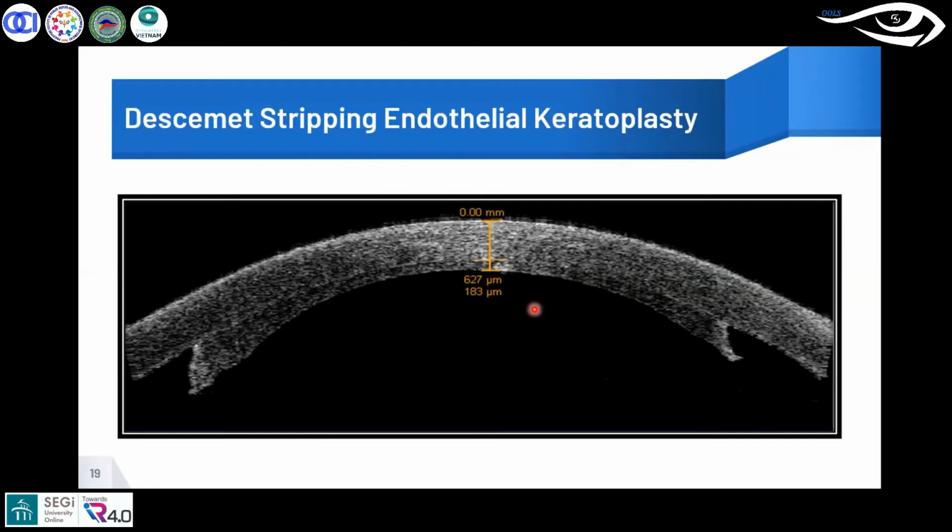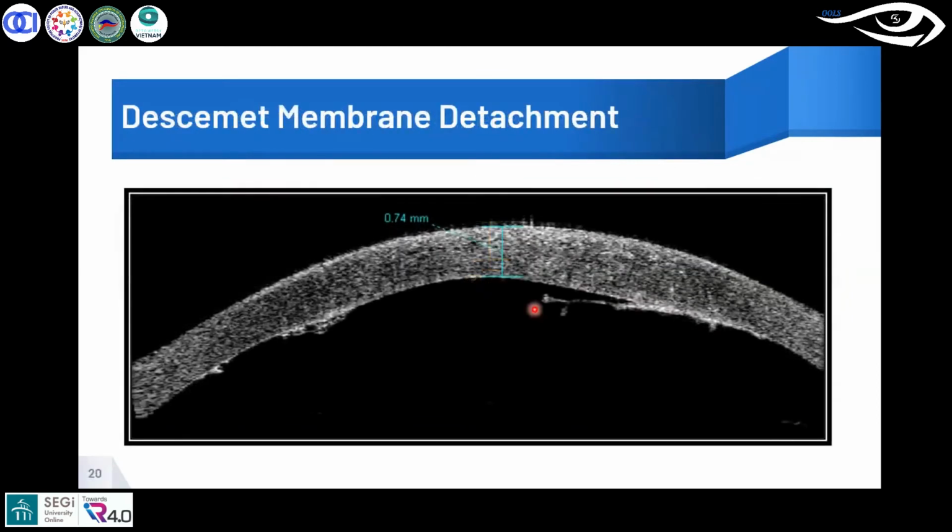And sometimes even DM detachment in case of Descemet stripping endothelial keratoplasty can also be visualized by using AS-OCT. So here you have Descemet membrane detachment. This, which is shown here, is actually the Descemet membrane detachment, which can be visualized by AS-OCT technique.